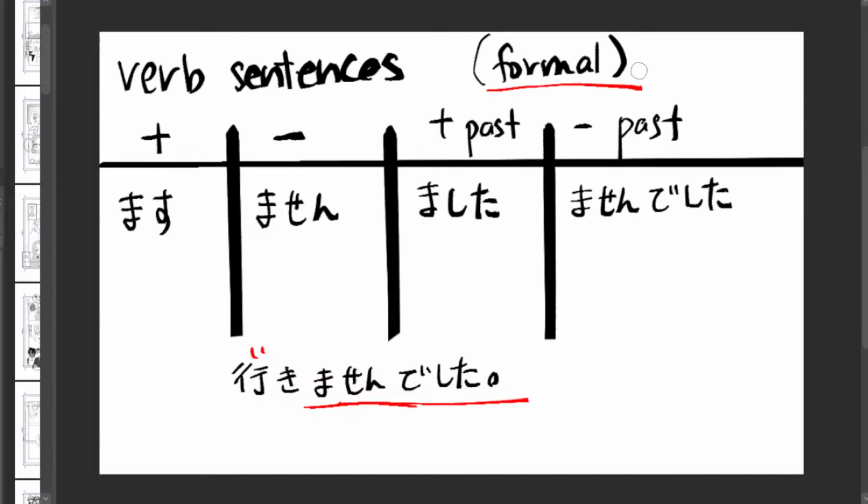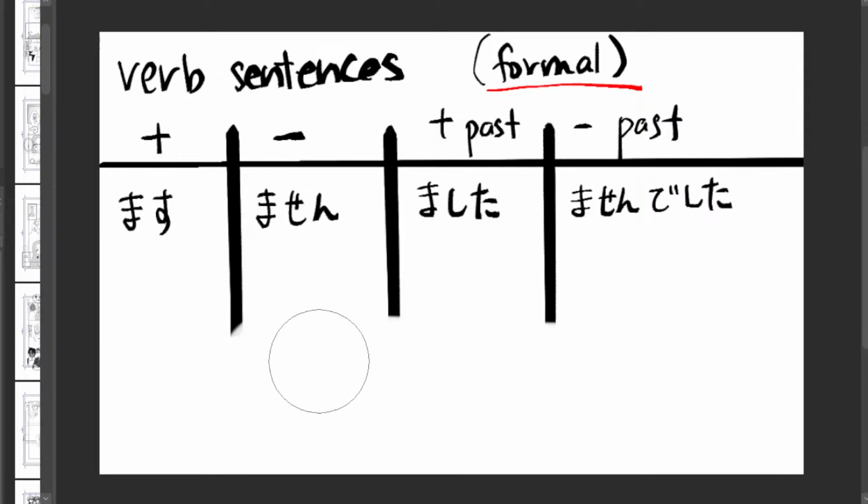Japanese becomes very hard when it comes to the informal way of speaking. For me it's quite hard.